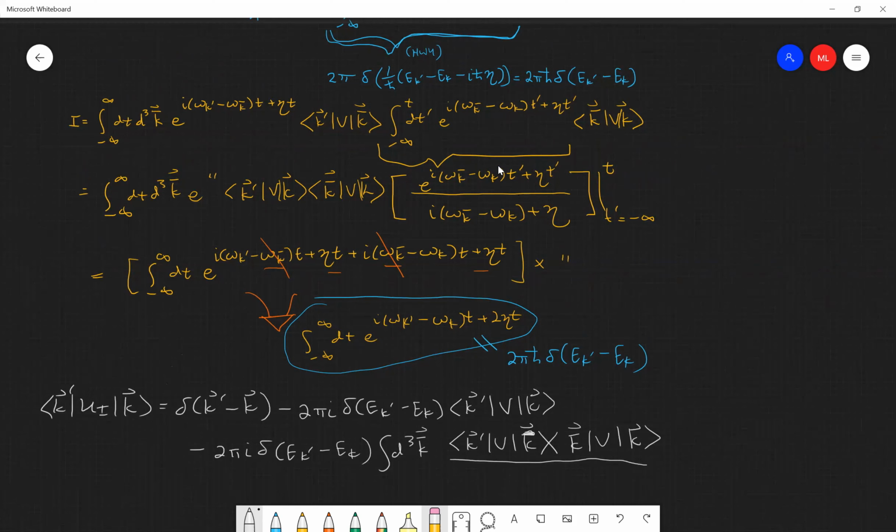We just pulled out this exponential because that's the only thing that depends on t, and we did the exponential integral, but we're still left with this denominator right here.